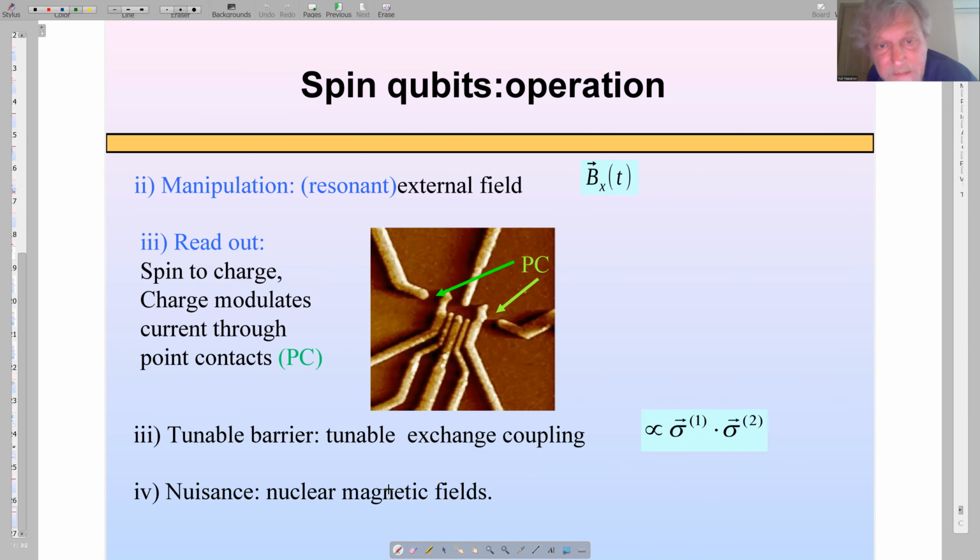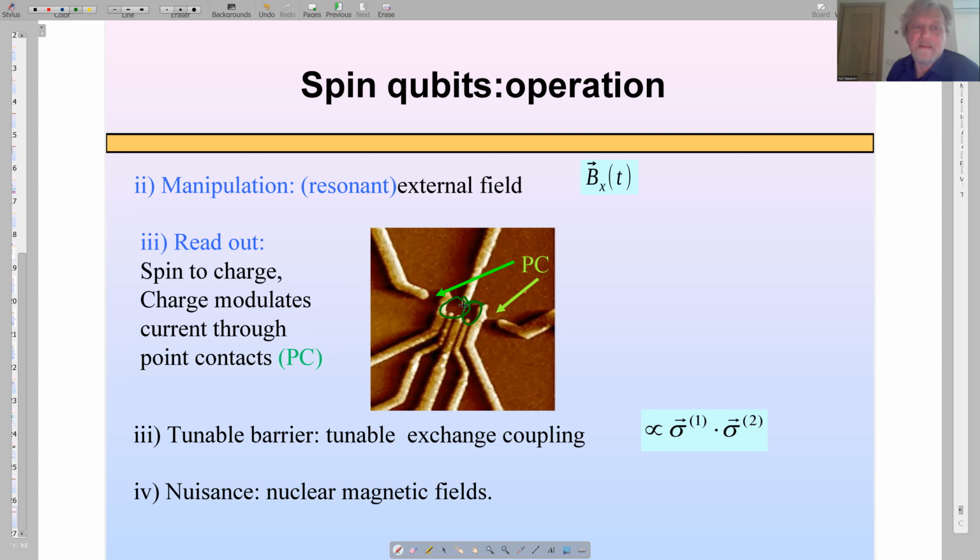That's one of the devices which has been used for these purposes for demonstration of spin qubits. So there were 2 qubits corresponding to these 2 dots.